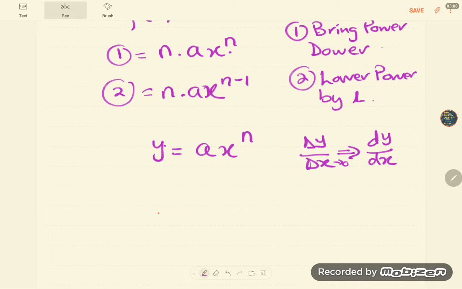Potentially you've heard about it, you've seen it, you've heard people discuss it. The reason it changes from delta y over delta x to dy over dx is because of this approximation that we made initially. So dy over dx is the gradient function, and when you do this, you are differentiating. This process is called differentiating.